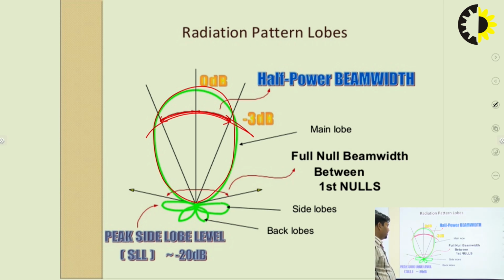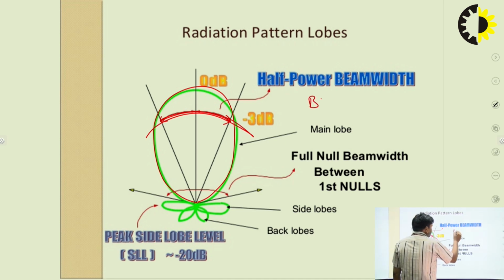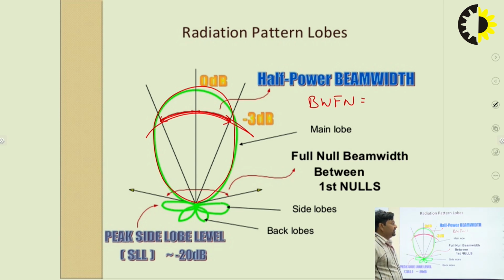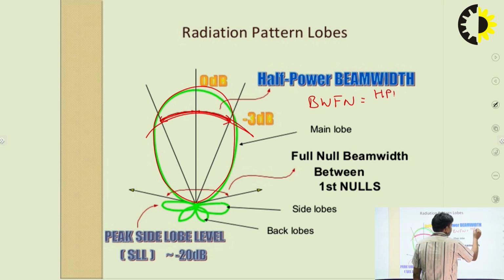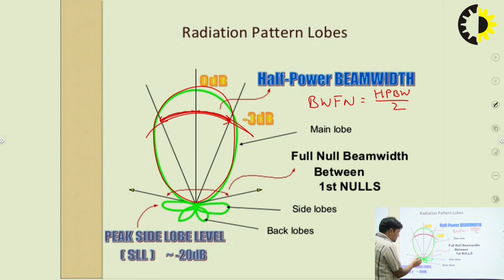And how do we calculate the beamwidth of first null, or BWFN? For an isotropic radiator, or in that fashion, the half beamwidth of first null is half of the beamwidth of first null. This is where the first null appears, and the angle between the two nulls is called the beamwidth of first null.